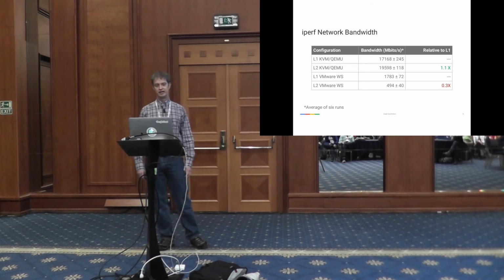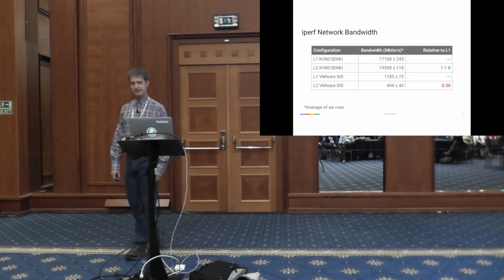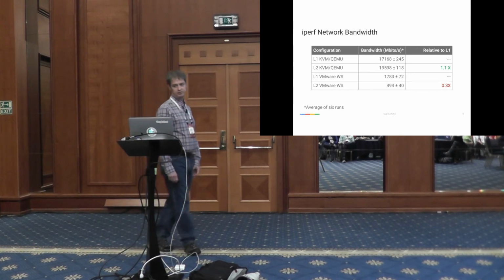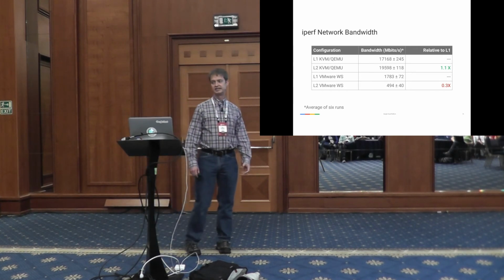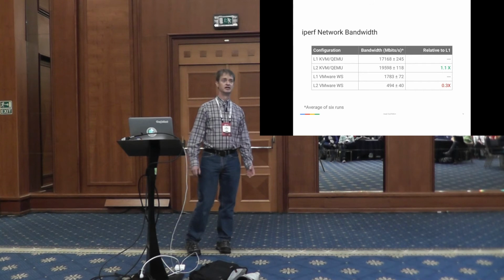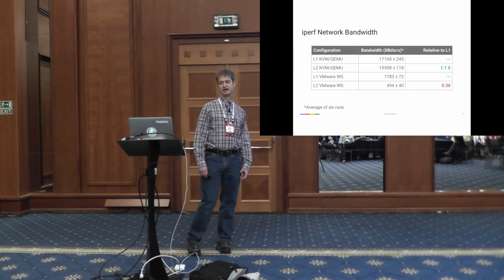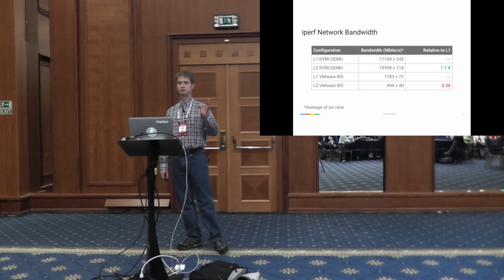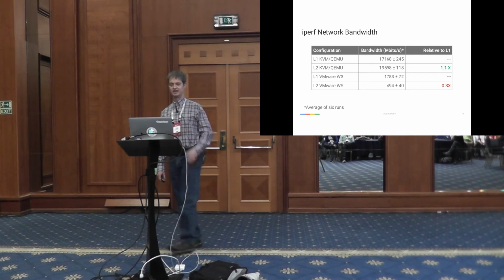And here, there's a surprise that I actually still can't explain. Under KVM and QEMU, we actually did 10% better in the nested VM than we did in the non-nested VM. If anyone can come up to me after the talk and tell me why, I'd love to know.